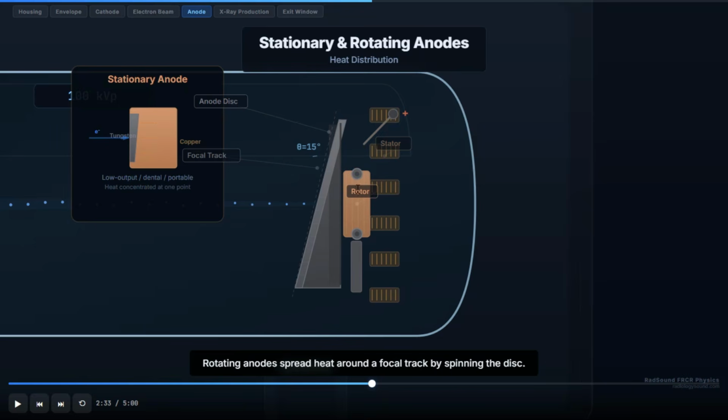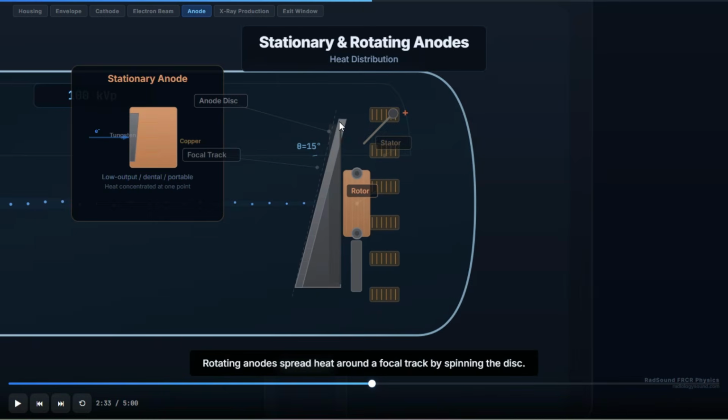Then outside the main vacuum, we have the stator. The stator is made mostly from copper. The rotor is also from copper, because of the molybdenum stem of the anode. The main body or disc body of the anode is sometimes backed with graphite for additional heat storage capacity.